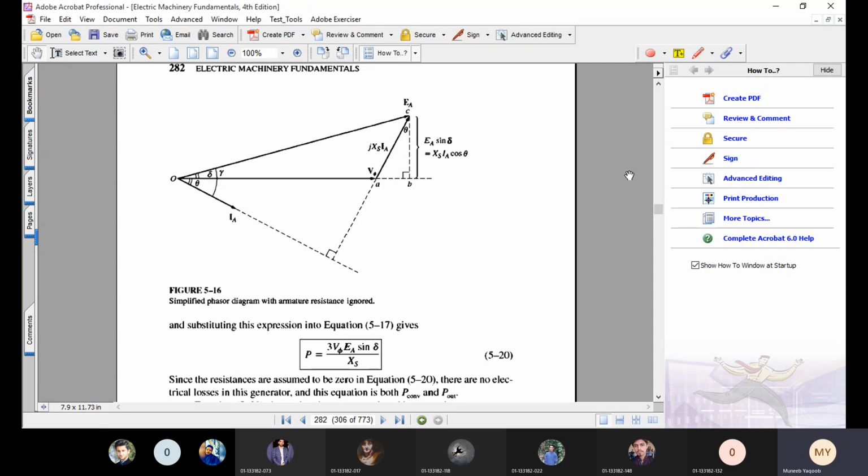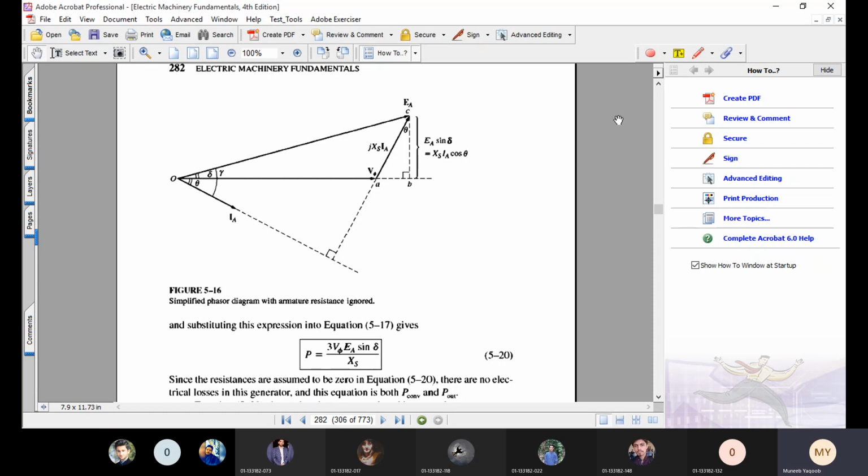Now, this figure is just the phasor diagram of a synchronous generator if we neglect the armature resistance. If we neglect the armature resistance, there would not be IARA in the figure. If you observe the figure, there is no IARA in it.